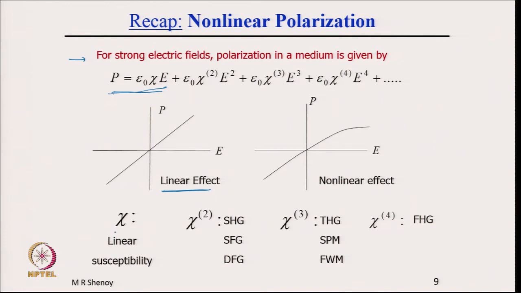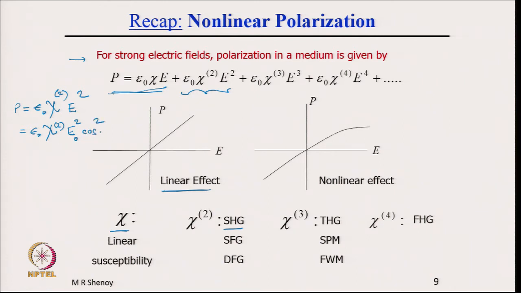And therefore, chi represents the linear susceptibility, which is responsible for the linear effects and the refractive index of the medium. Chi 2 gives rise to second harmonic generation. For example, if we substitute in this term, P is equal to epsilon 0 chi 2 into E square, and substitute E is equal to E 0 cos omega t, we get P equal to epsilon 0 into chi 2 into E 0 square cos square omega t.